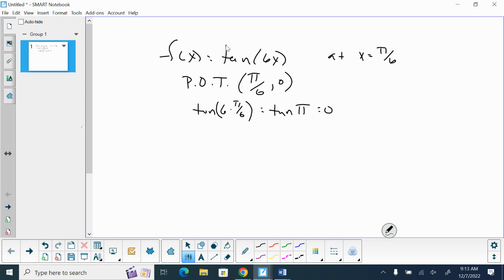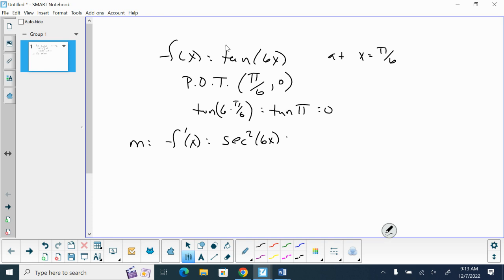Then we have to find our slope, which is our derivative. Well, the derivative of tangent is what? Secant squared. So we have secant squared of 6x.